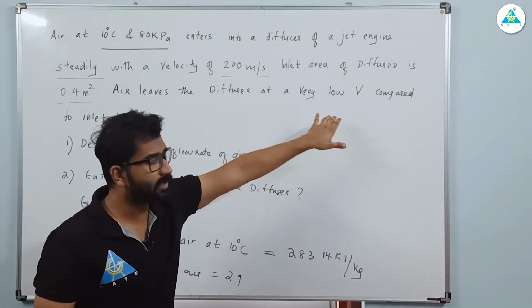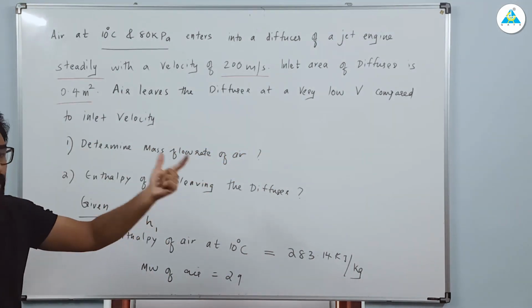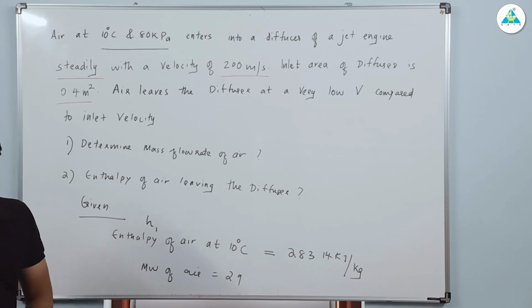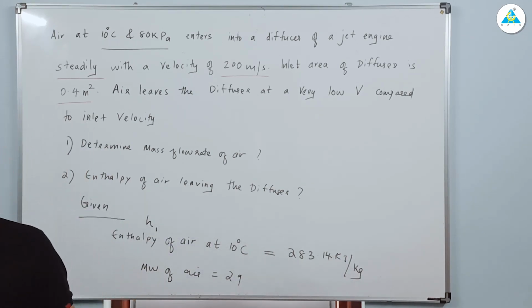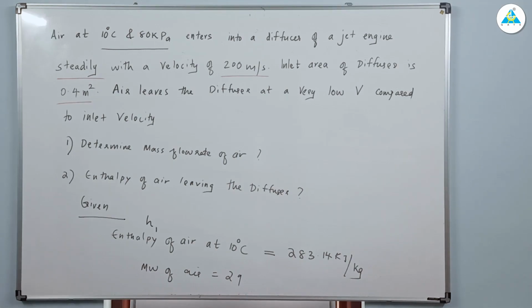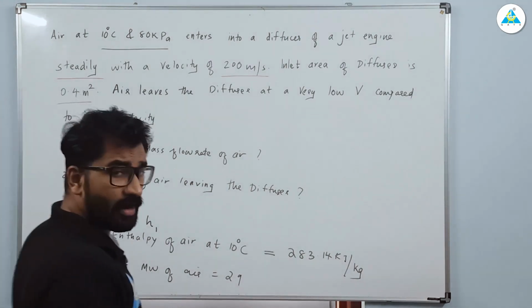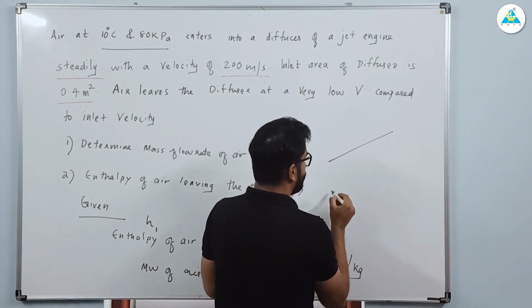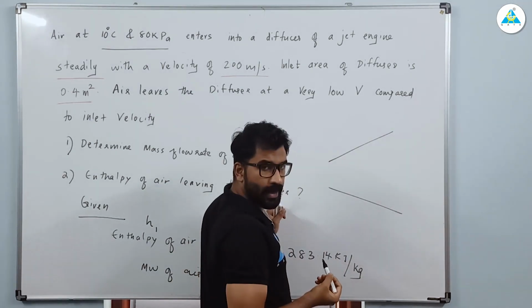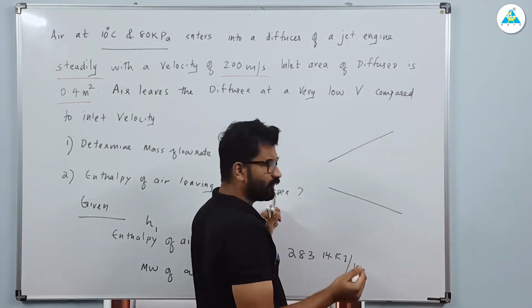Air leaves the diffuser at a velocity very low compared to the inlet velocity. So what is the meaning of that statement? I have just drawn the diagram of a diffuser. You will remember, right? So this is the representation of a diffuser.